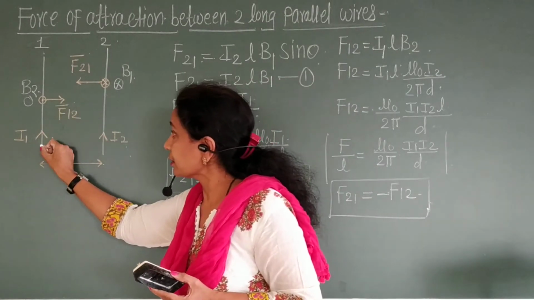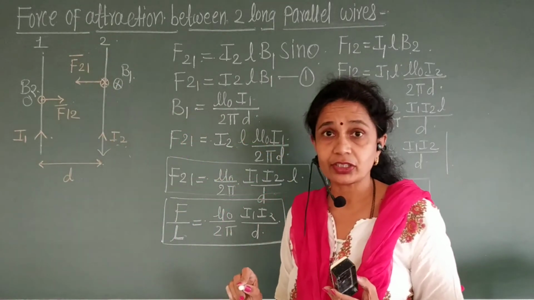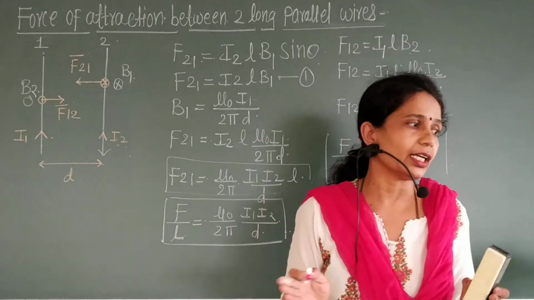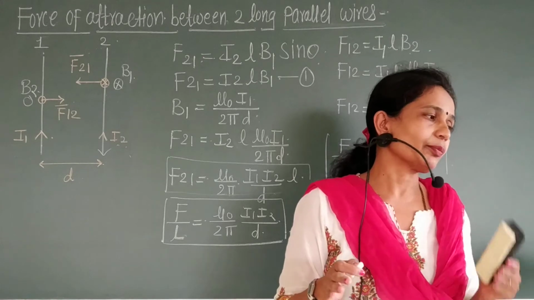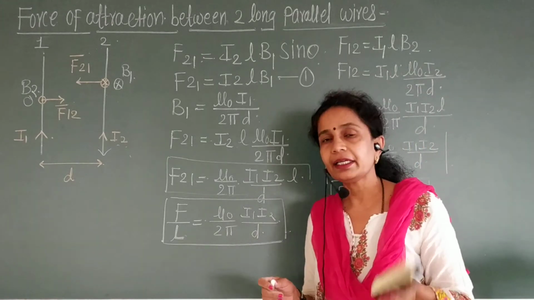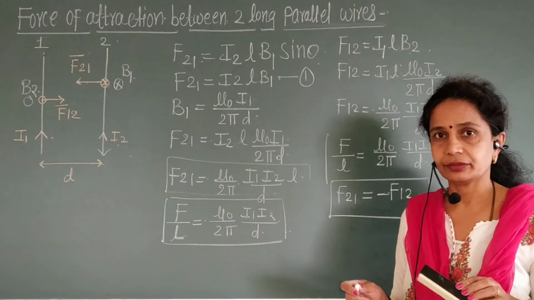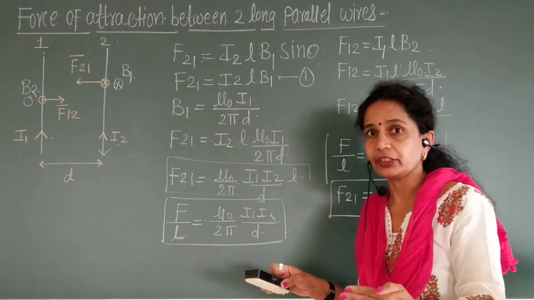If one has this direction and another has the opposite direction, then the two wires repel each other. Therefore, parallel currents attract and anti-parallel currents repel each other. The direction of the magnetic field is important.